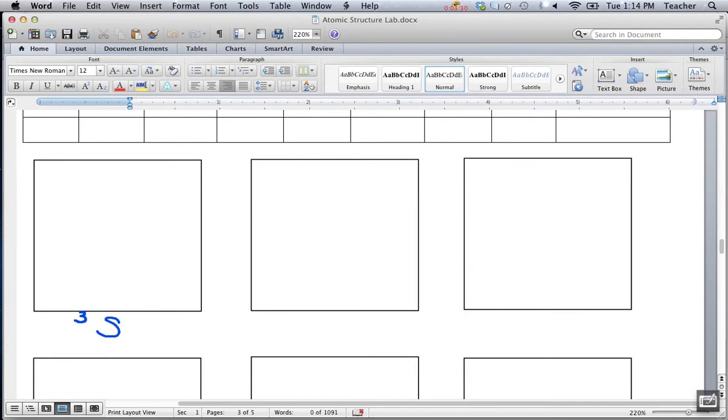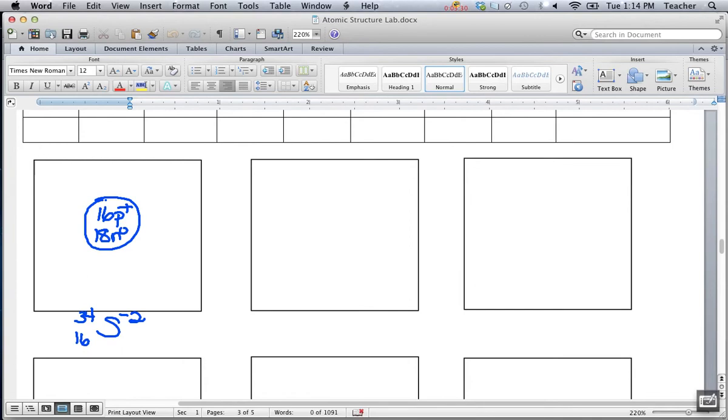So we have 34 as its mass at the top, 16 at the bottom, with a -2. Then in the box, you're going to write 16 P+ for protons. I have 18 N0 for neutrons. You can put a circle around that to indicate that those are in the nucleus.